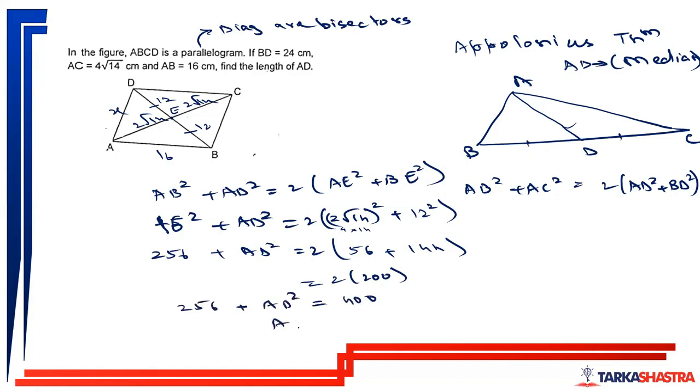So AD square is equal to 400 minus 256, which is 144. 144 means how much? AD is equal to 12. Okay, this is what we understand from Apollonius theorem, and this is the application of Apollonius theorem.